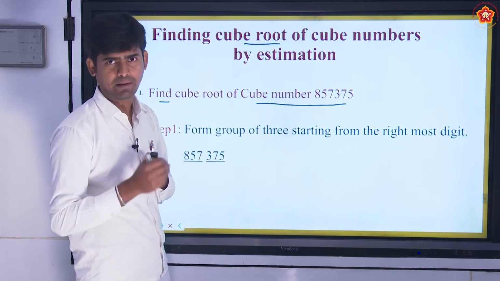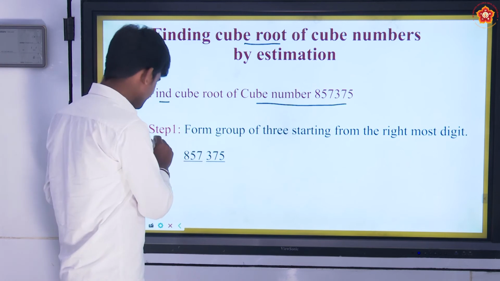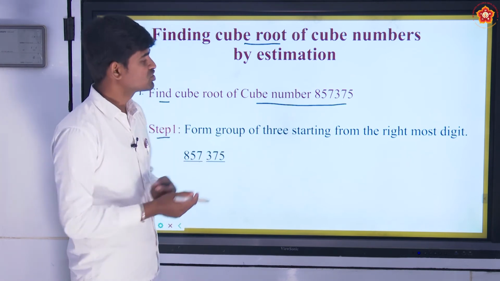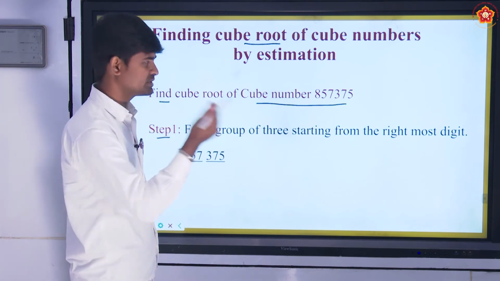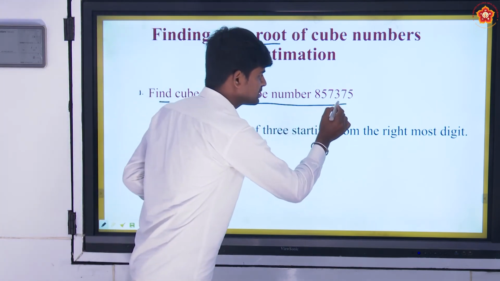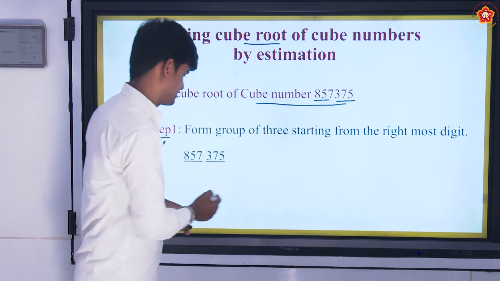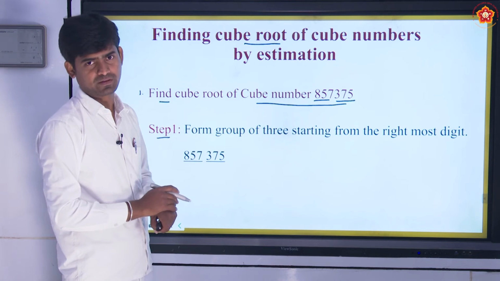It has 3 steps. Step 1: form groups of 3 starting from the rightmost digit. We group 857 375.